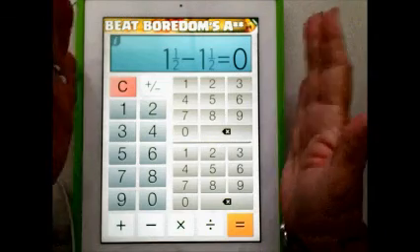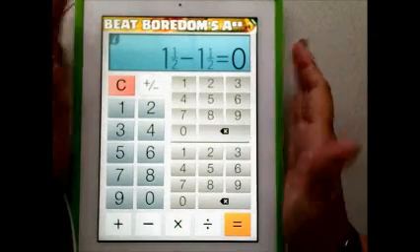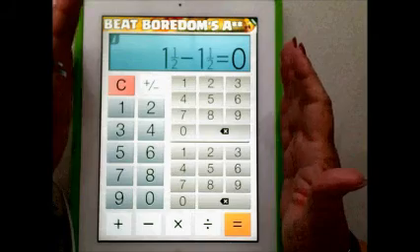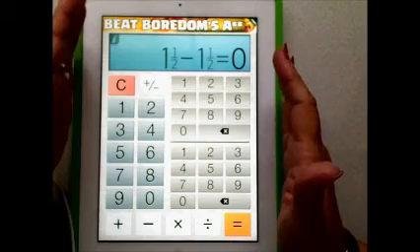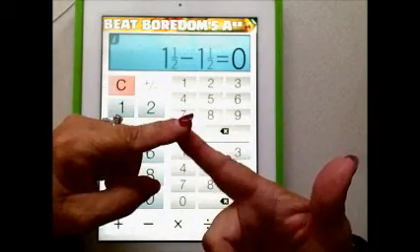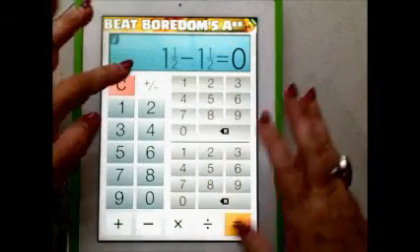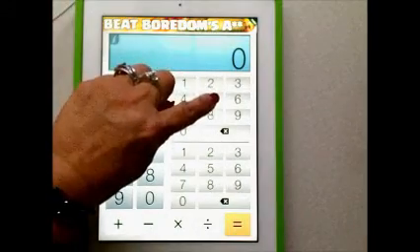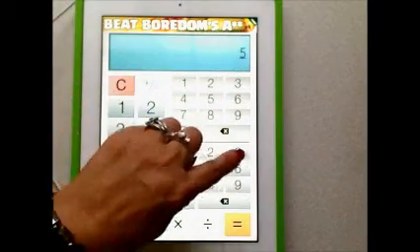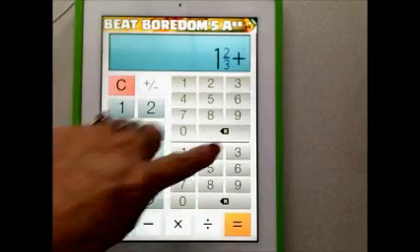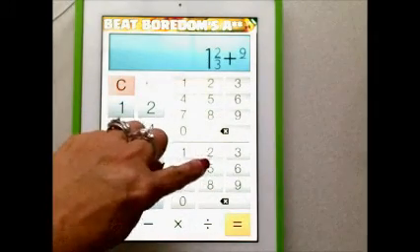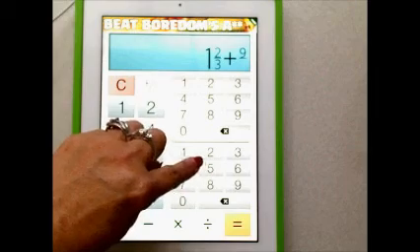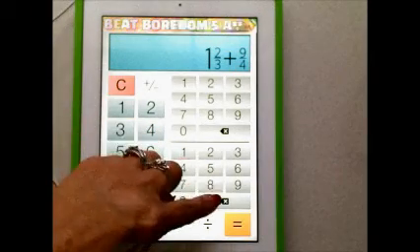So if students are practicing fractions, the fractions calculator will give them numbers in lowest terms. For example, 5/3 plus 9/4.